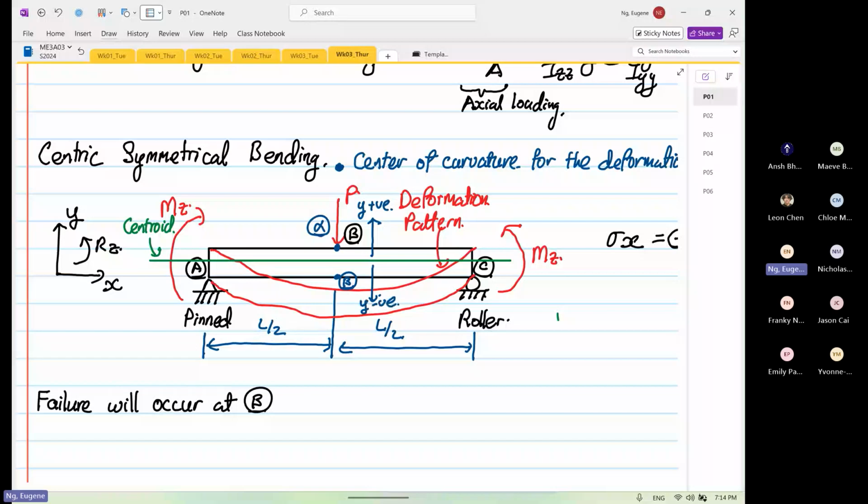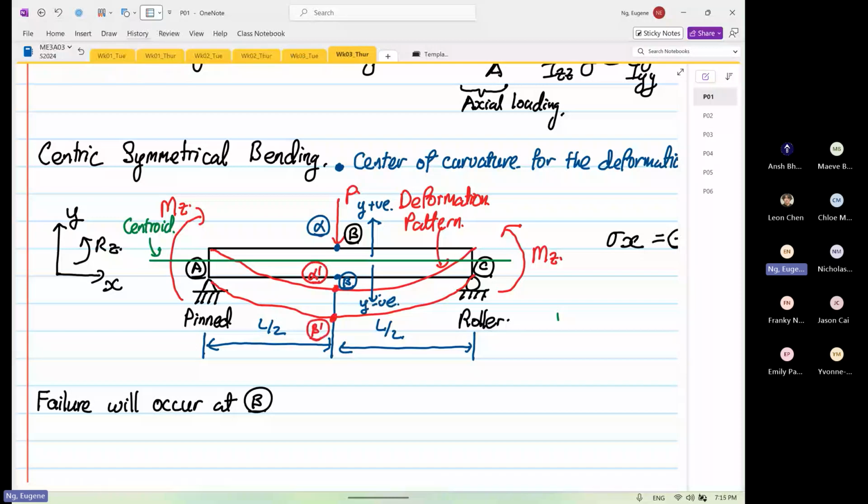Before I explain why we do that on the formula, if you look at point alpha after deformation, at this point over here, this is our alpha prime. Over here, this is our beta prime.